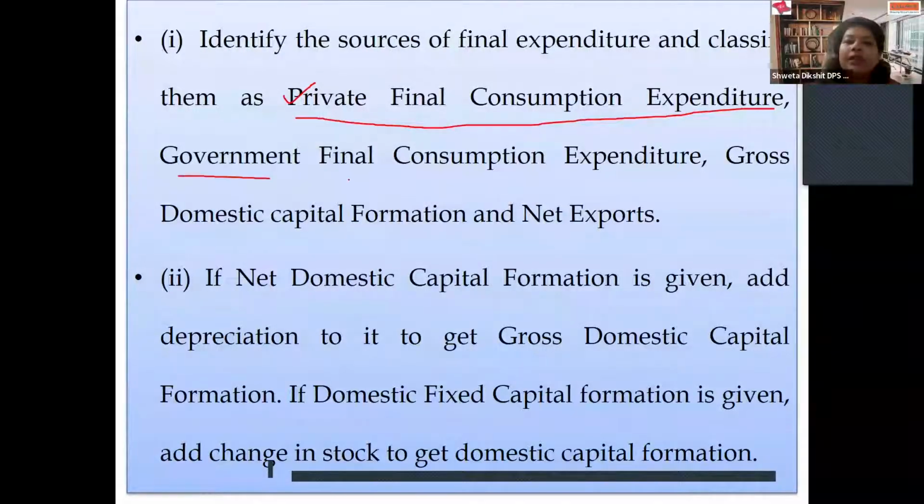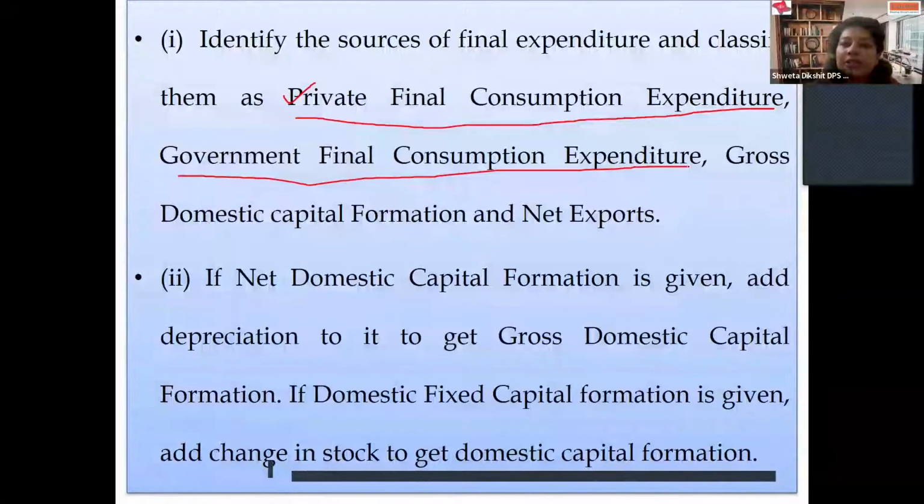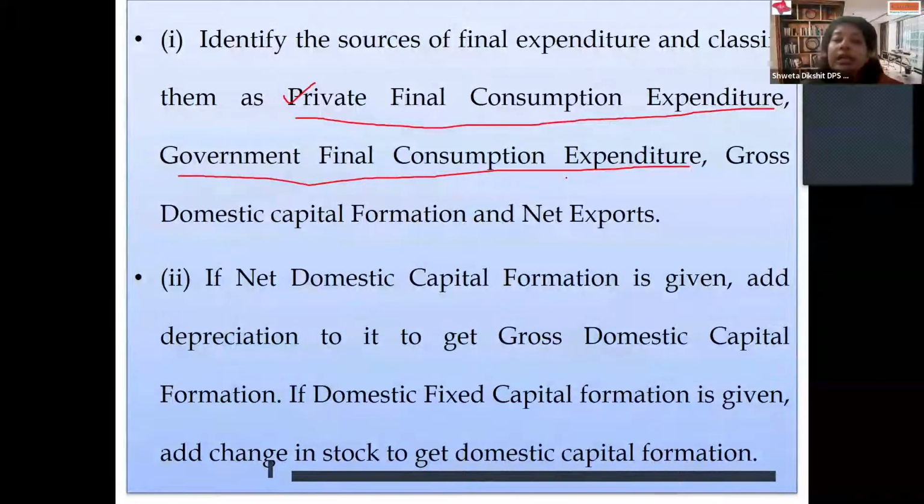Then comes government final consumption expenditure. As I just mentioned, the government does consumption expenditure. What kind of consumption expenditure does the government do? Government has expenditures related to food, stationery, fuel, and transport. They also have to make payments to their hired workers.